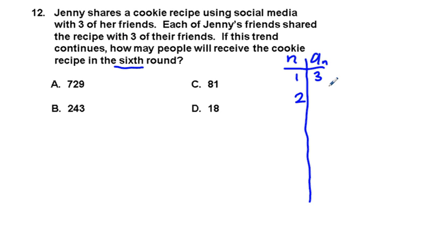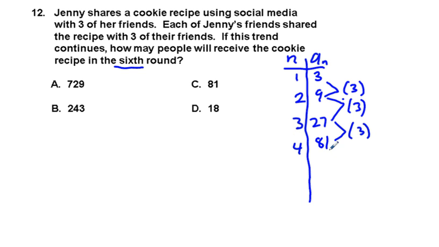In the second round, her 3 friends each share with 3 friends, so we go to 9. In the third round, again we multiply by 3, we get 27. So that's the third round. In the fourth round, we multiply by 3 again and get 81.